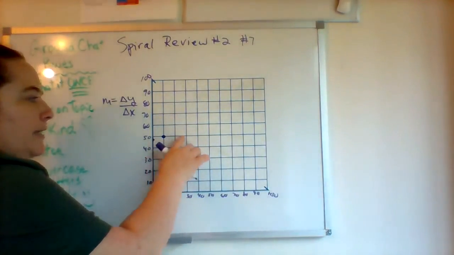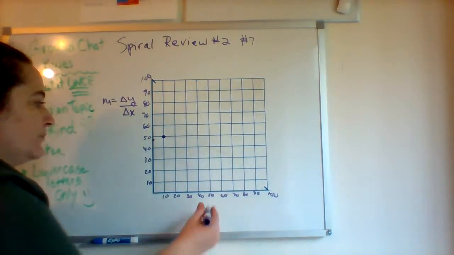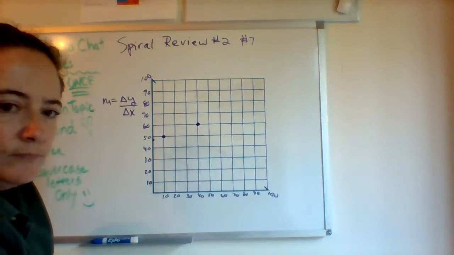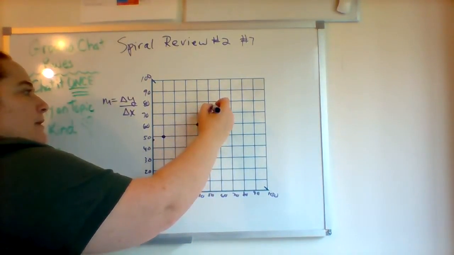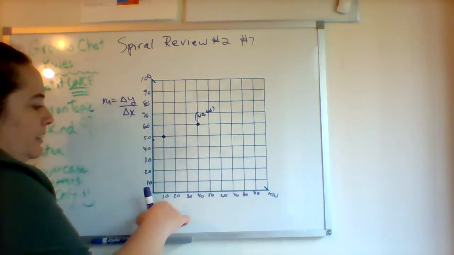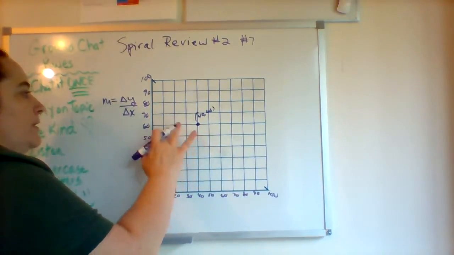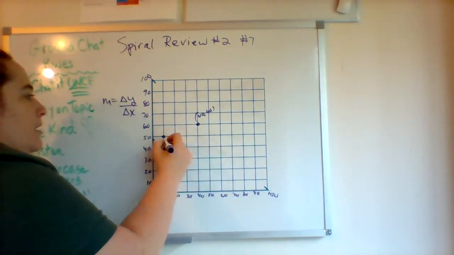If you keep going and going, it's in the corner again right here. Well, this one is 40, 60. This one is 10, 50.